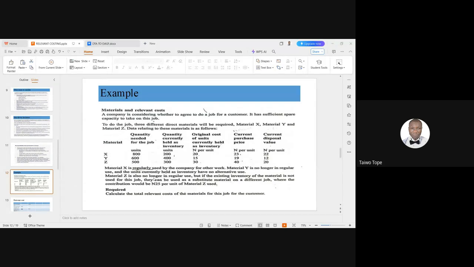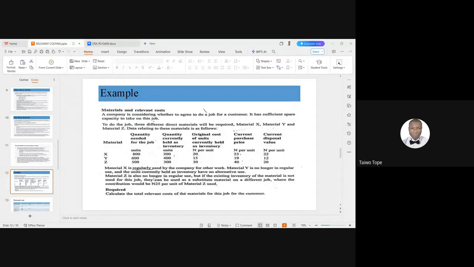Which sacrifice will be higher? When you use it on another job, you make a greater sacrifice. You'll be losing 25 naira as against selling it for 20 naira. So it's still in line with what she explained.